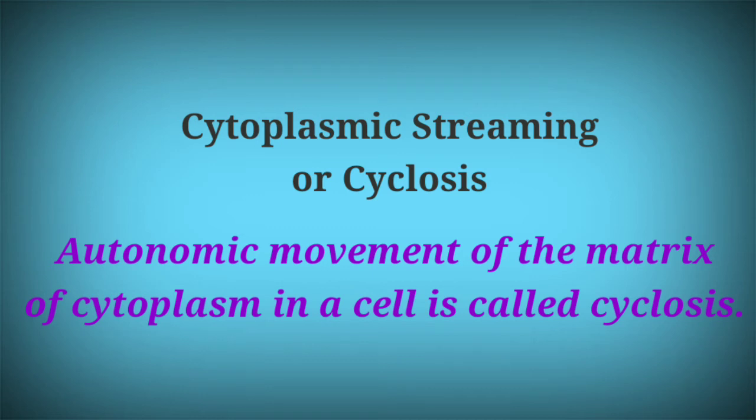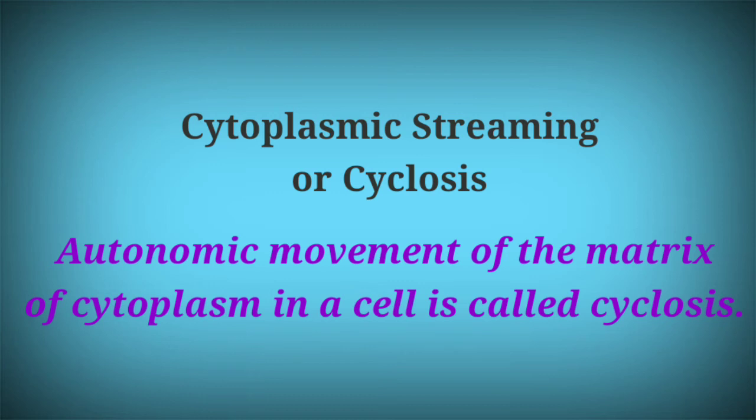And this cyclosis again has different functions, and it leads to the distribution of materials, the interorganellar exchange, or the exchange of materials of the inner part of the cell with the environment. So these are the few functions of the cytoplasm.